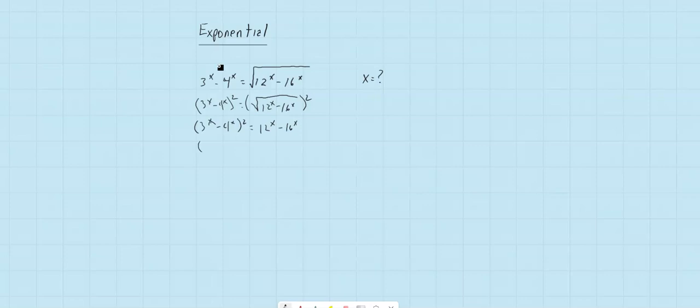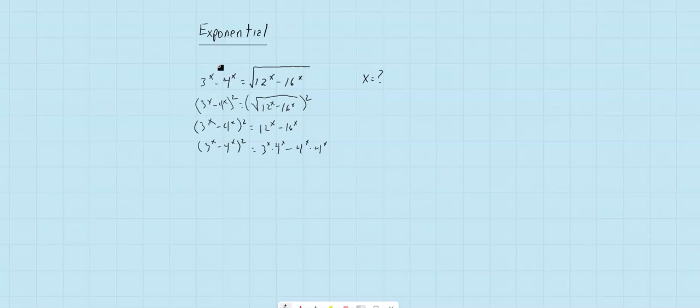Then we can write this again like (3^x − 4^x)² is equal, we can write it as 3^x times 4^x minus 4^x times 4^x.